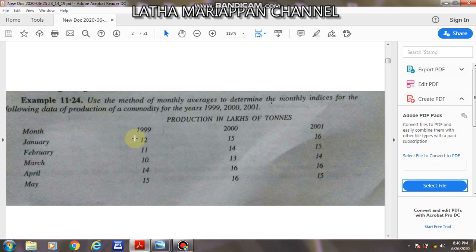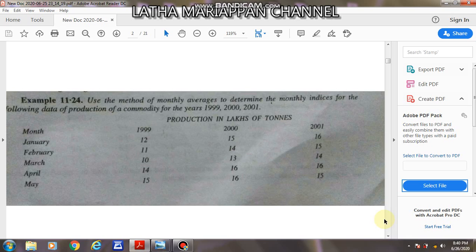January 1999 had 12 lakh tons of production, in 2000 you got 15 lakh tons, and in 2001 they have given 16 lakh tons. Like that they have given all 12 months. So this is the given problem.